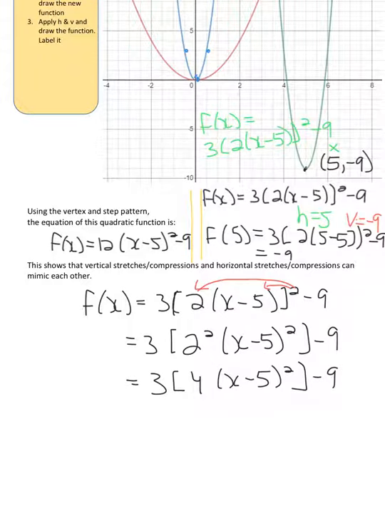So now these big square brackets are not needed because there's nothing on the outside of it. So I am now going to multiply this 3 times 4 together, and I get 12 when I do that. And then I have x minus 5 squared minus 9.